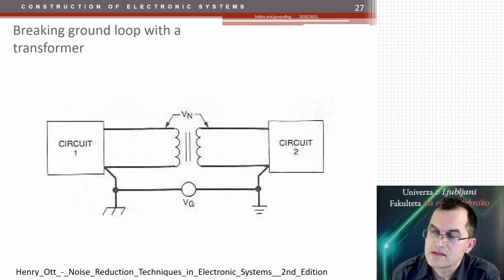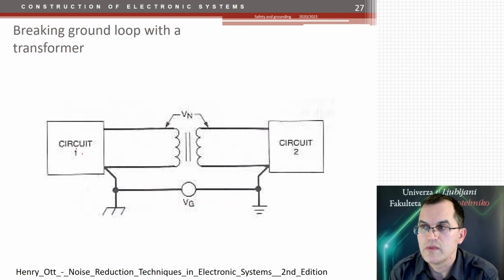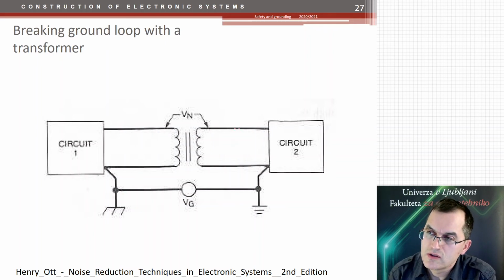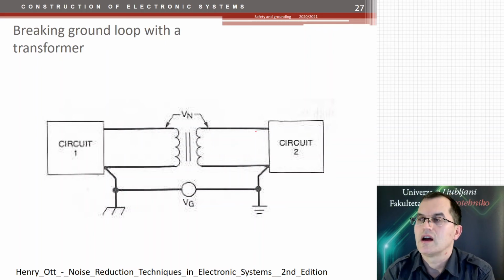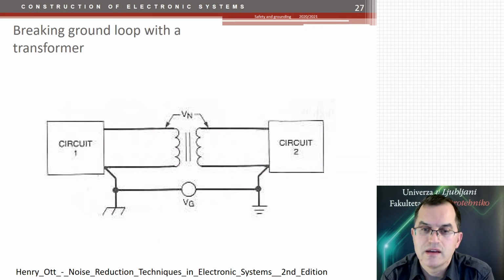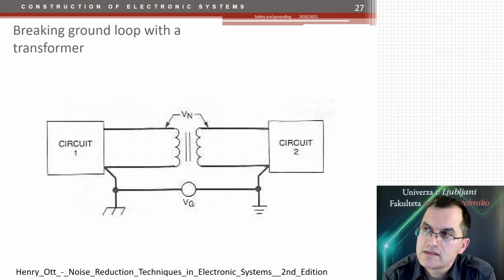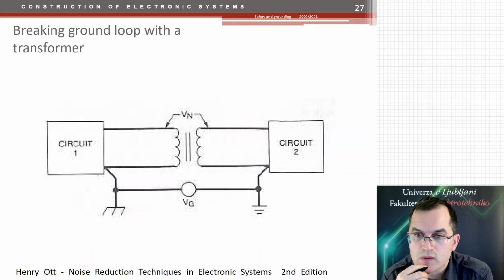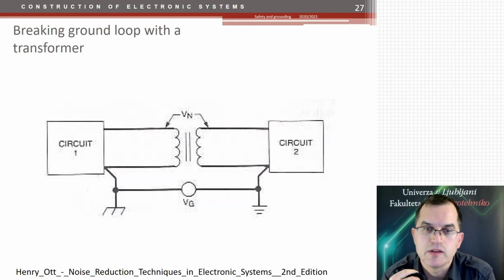So it's also quite hard to make the circuit in order to provide a very clean and undistorted transfer of signal over a transformer. This type of ground loop breaking was quite often used in studio microphones, for example.